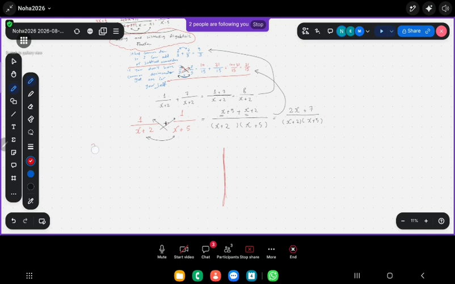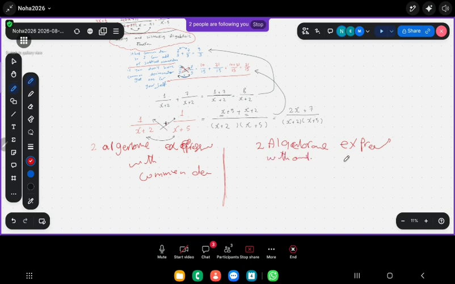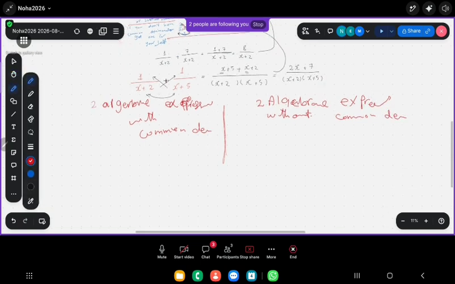The first one, two algebraic expressions with common denominator, and the other one, two algebraic expressions or fractions without common denominator. Here, look, it's easy, don't worry.